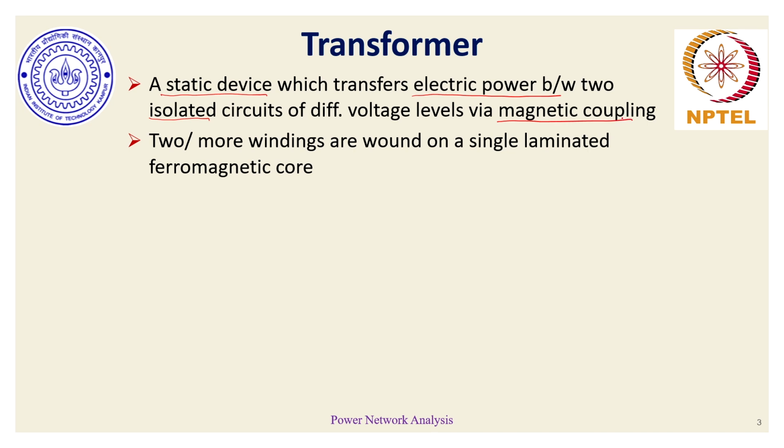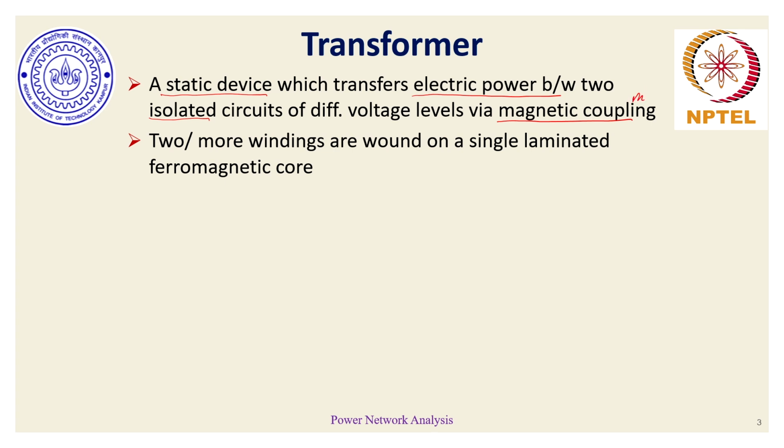So essentially the typical transformer's job is to transfer electrical power from, let's say, voltage A to voltage B, where voltages A and B are not electrically connected, but these two circuits are at two different voltages. They are interacting among each other through some sort of a magnetic coupling.